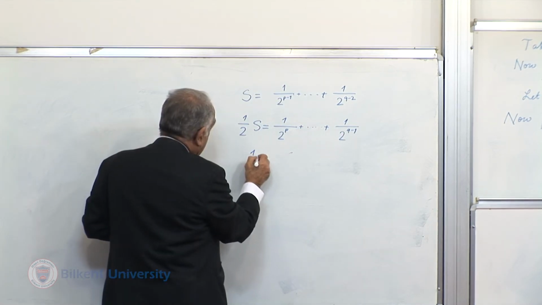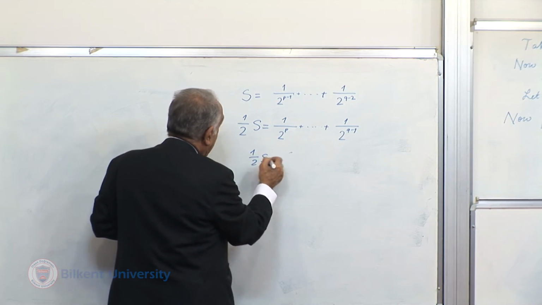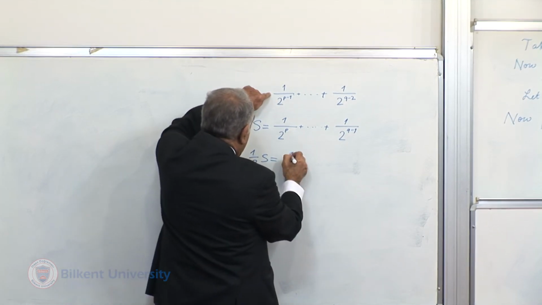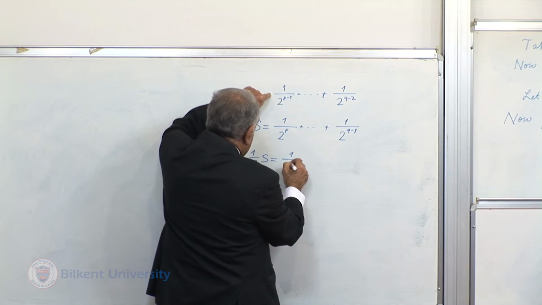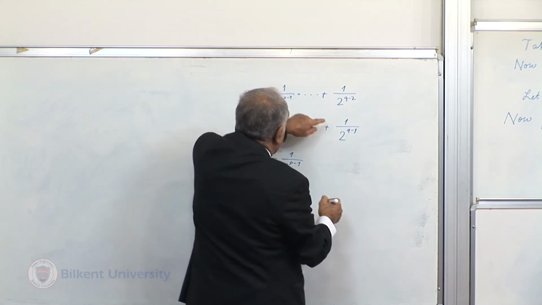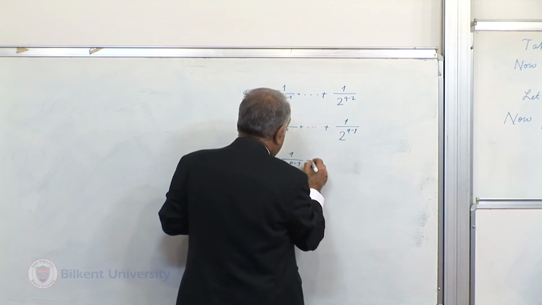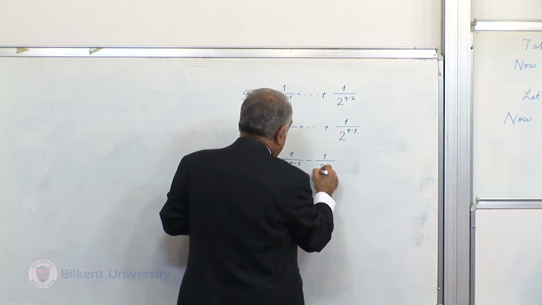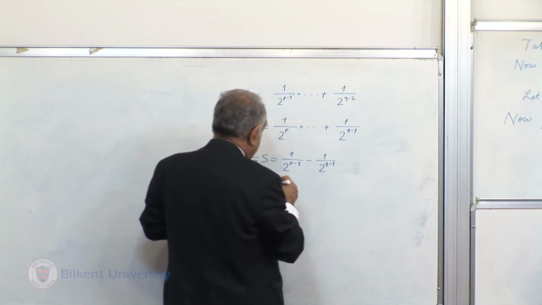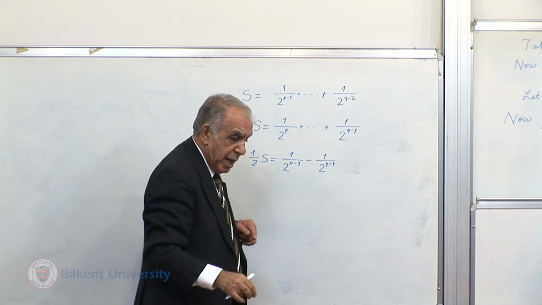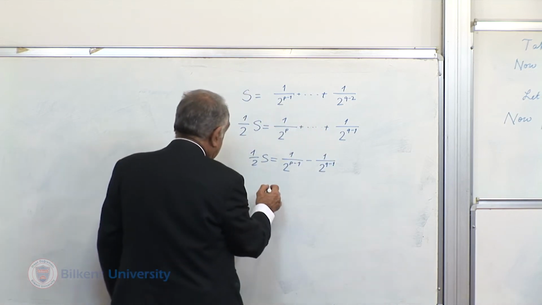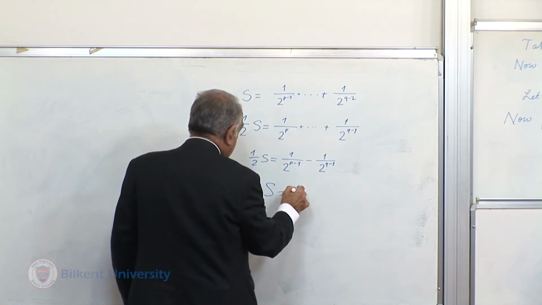If I subtract this from the above, I'll get 1/2 S. Now here we'll have 1 over 2 to the power p minus 1. Everything will get cancelled until this 1 over 2 to the power q minus 1. Now I can multiply everything by 2.